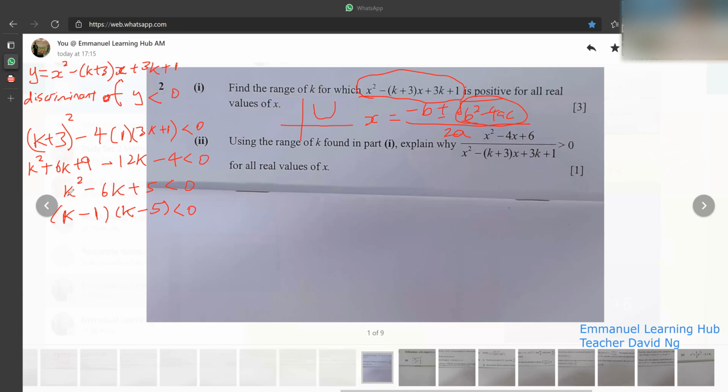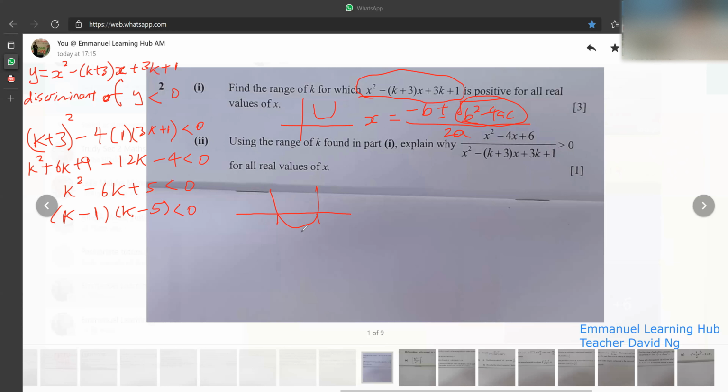Now I'm going to draw another graph here. It cuts at 1 and 5, and it's a U shape. Take note that this graph I'm drawing is for the discriminant. This graph has nothing to do with the earlier one. It's a different graph, take note.